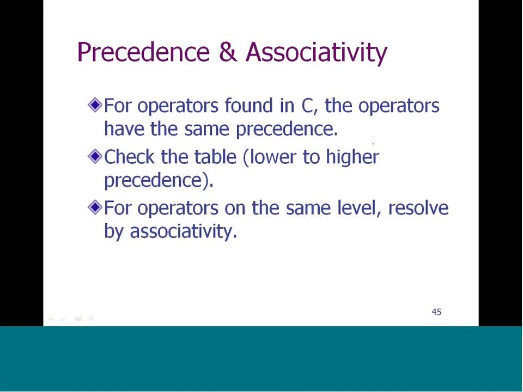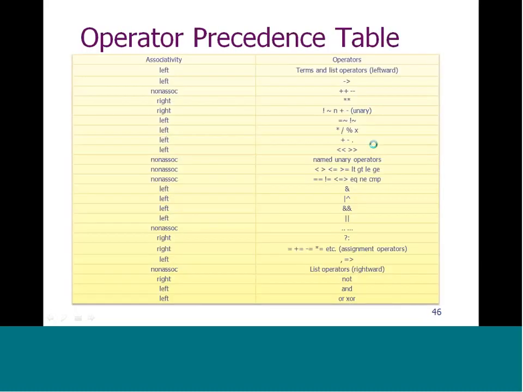So what do I mean by this? We will talk about this, and if this is not clear, there will be more chances that we will be covering this. So here I talk about the associativity and then the operators. The precedence goes from top to bottom. That is number 1. So if you see not here, and multiply here, multiply takes the first precedence, so you have to evaluate the multiplication before you can use the not.